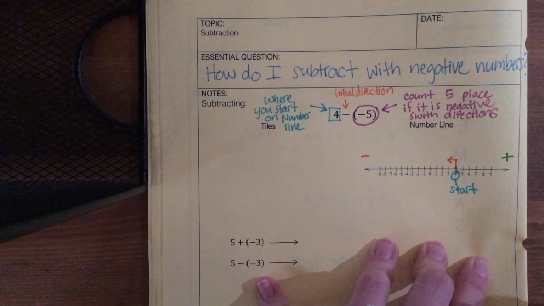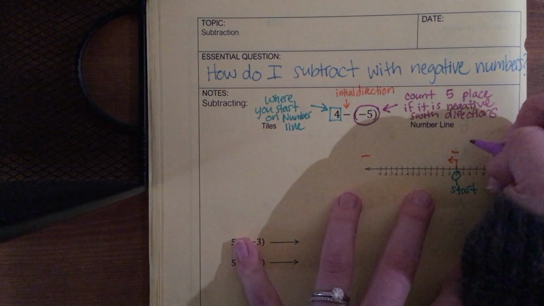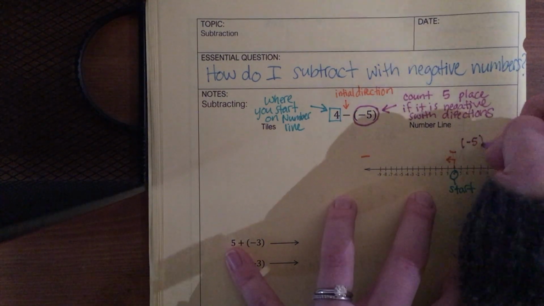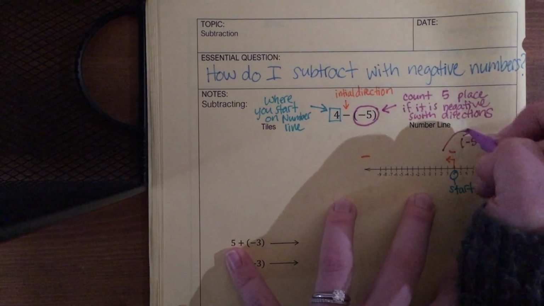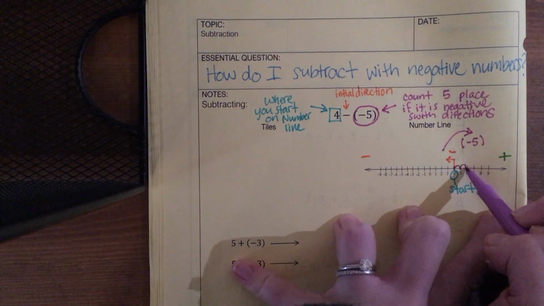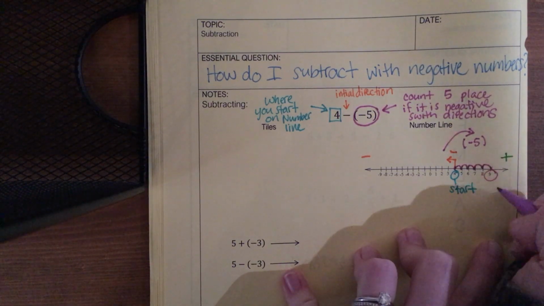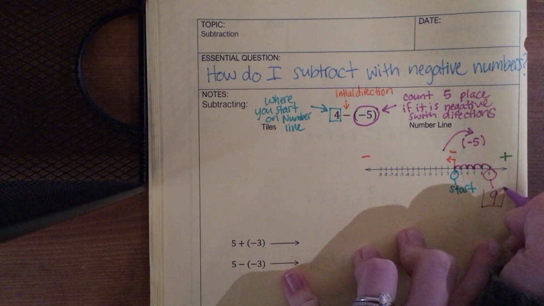We're heading to the left. But our -5 tells me to switch back and go the other way. So I'm counting over 1, 2, 3, 4, 5 to end up at 9.